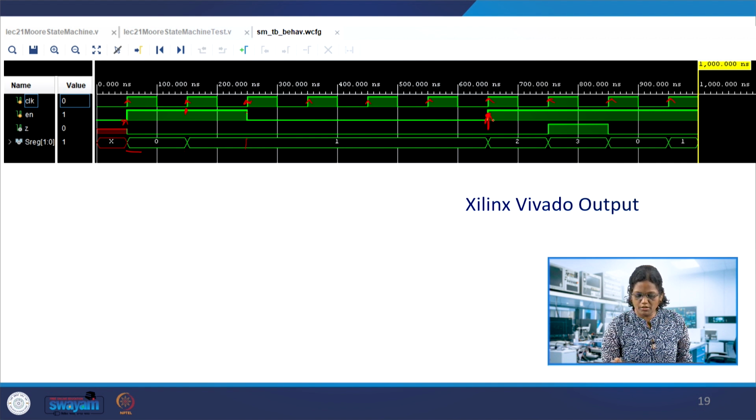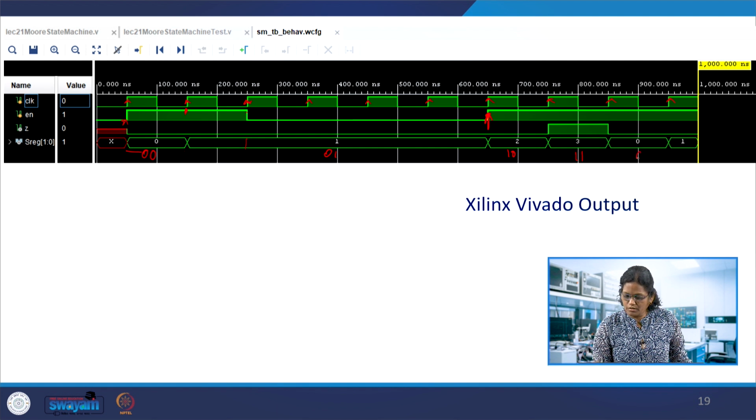In the 0 0 state, it again moves to the 0 1 state because of enable 1, and then because enable was 0, it stays in that state only. After that it is made 1 0, moving to the next state. Enable is 1 over all this period, and this is 1 1.